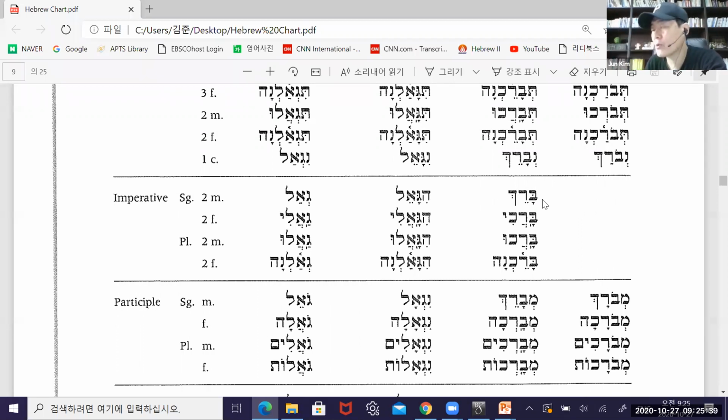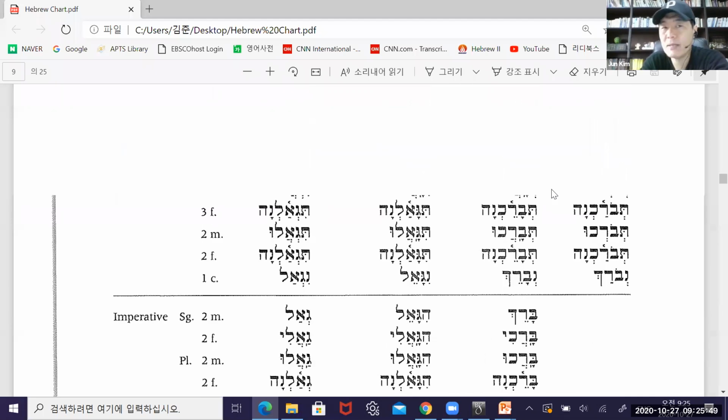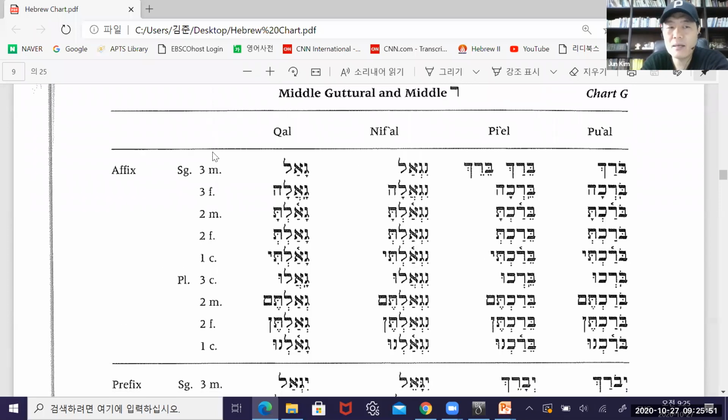So how are you going to see the difference between them? You need to look at the second vowel point. In the case of the imperative form, it will take zere, and kal, a fixed form, will take pata. That's what I'm trying to say. I think this is what we haven't dealt with before. So now we need to really pay attention to this, okay?